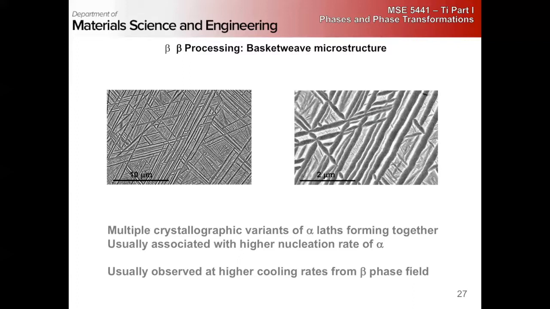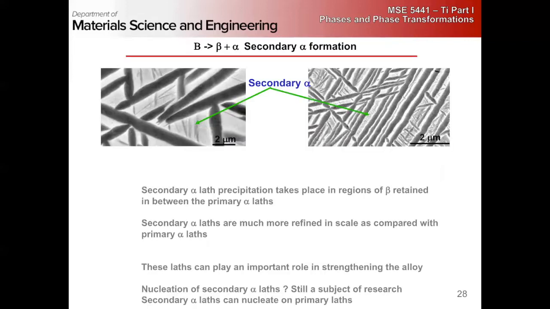Then when you take it back up into the two-phase field, you're dissolving some of the Widmanstätten and growing the alpha laths that are there. And so these secondary laths are much, much more refined compared to the primary alpha laths.